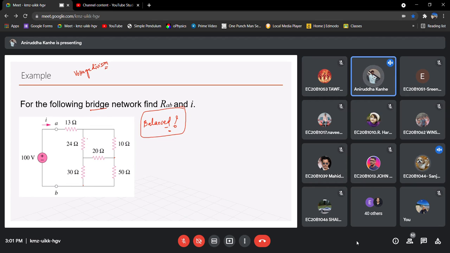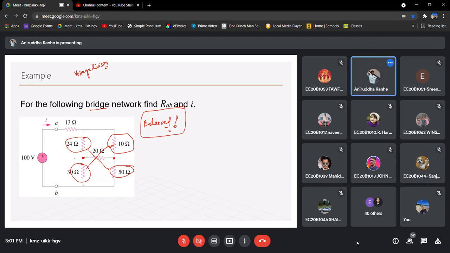That means the cross multiplication of the resistances is equal to the cross multiplication of the other resistances. So what will happen if that is the case? The current through this branch will be 0.